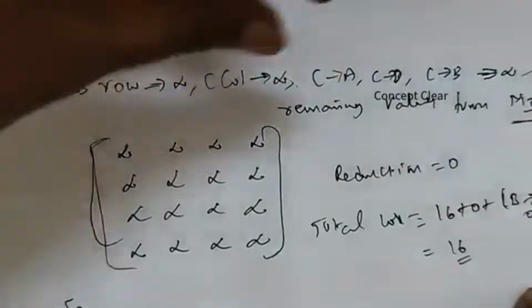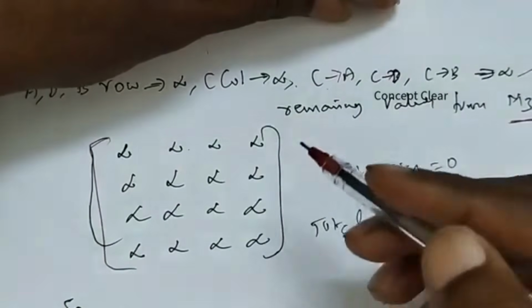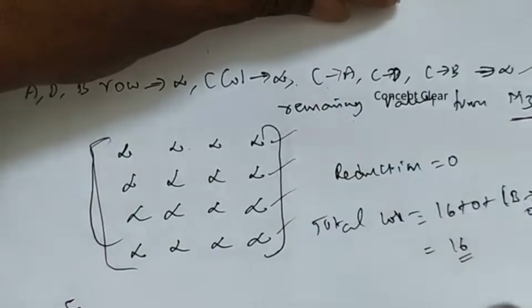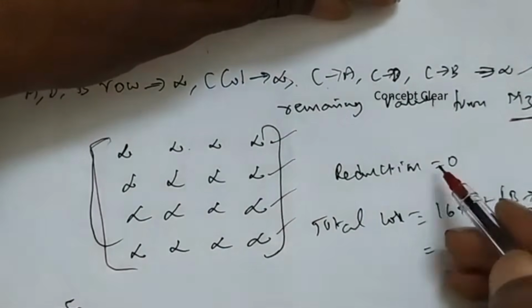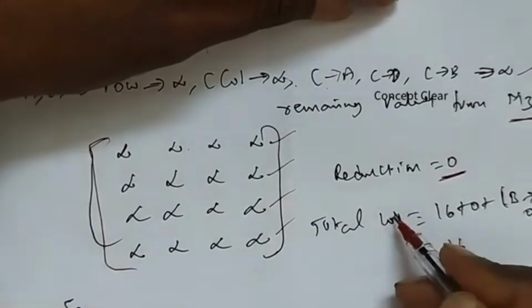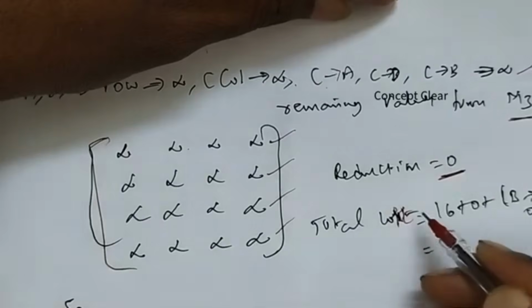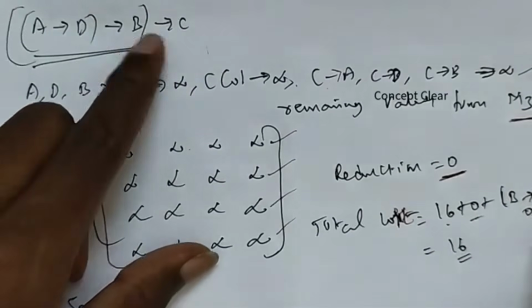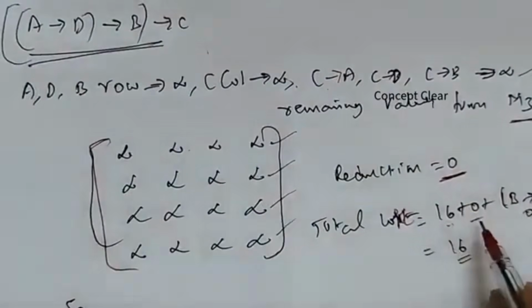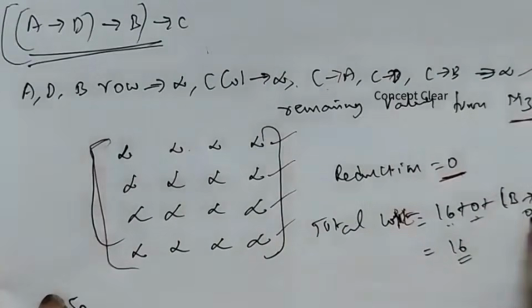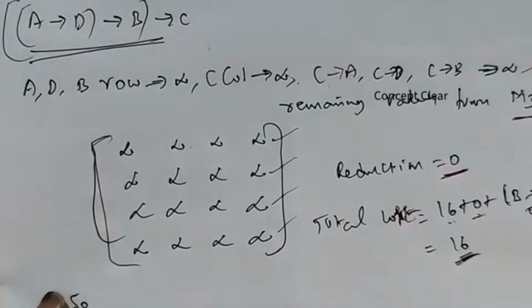So we check the conditions for reduction. Here all the infinities, everywhere all the infinities. So no need for reduction. So the reduction value is 0. And what about the total cost? The total cost equals parent cost plus reduction plus B to C path. So 16 plus 0 plus B to C, plus 0 from the M3 matrix. So the total cost is 16.